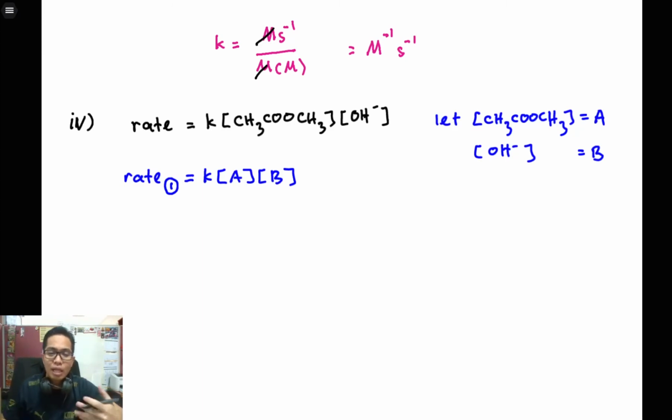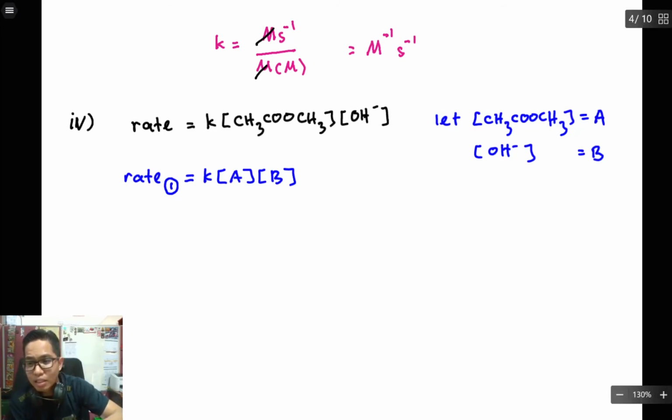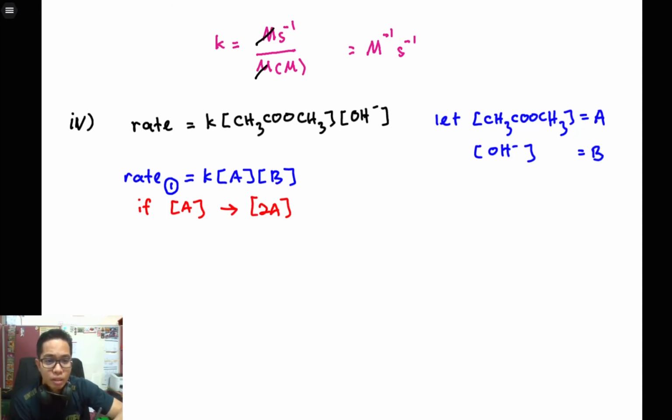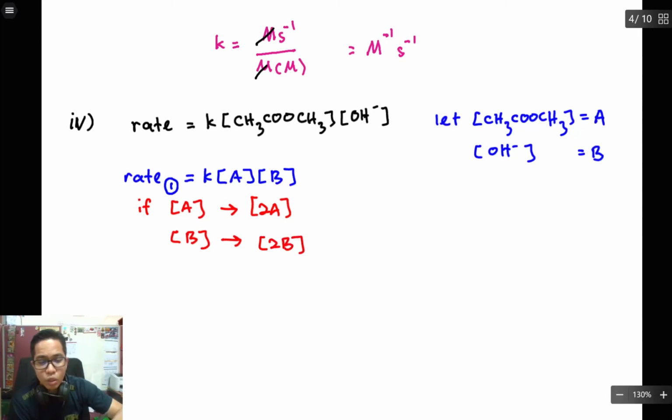So dia soalan minta kita doublekan concentration, then find out how many times will the rate increase. So kita tambahkan dekat sini dia punya condition. If concentration A is double, so it will become 2A. Okay. Then if concentration B double, then it will become 2B. 2 kali B lah.